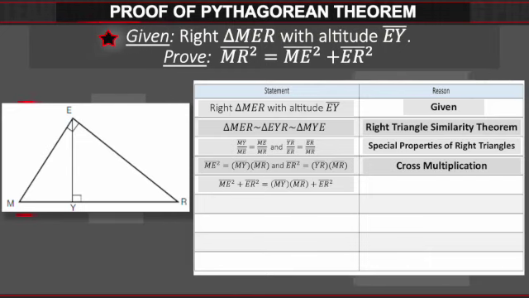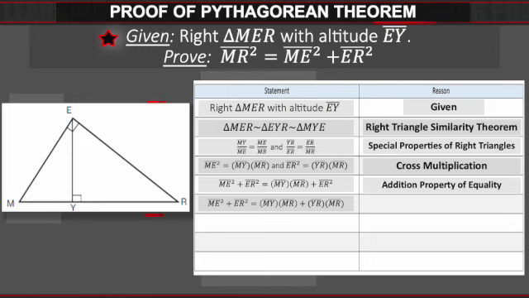Next, let's simplify using the addition property of equality. Now, ME squared plus ER squared equals MY times MR plus ER squared.